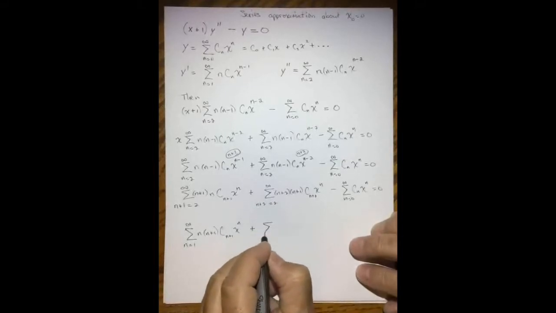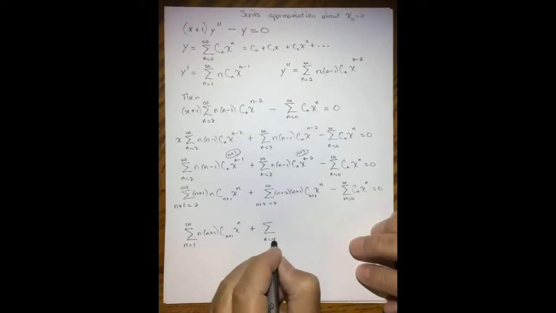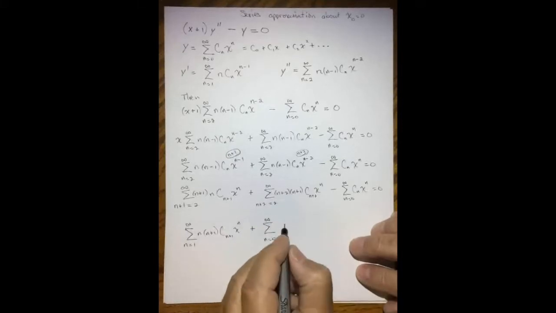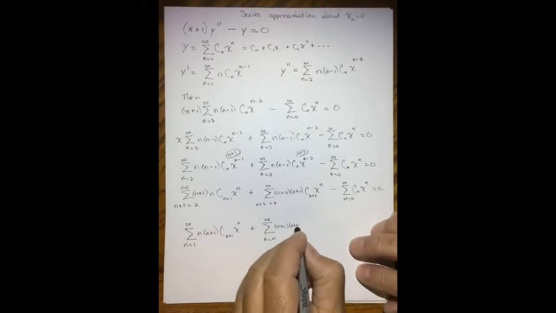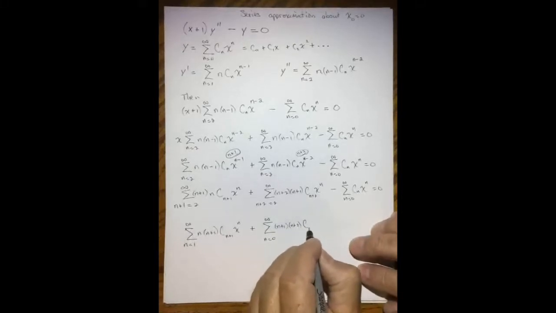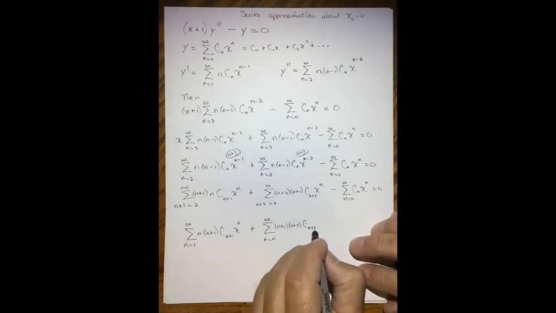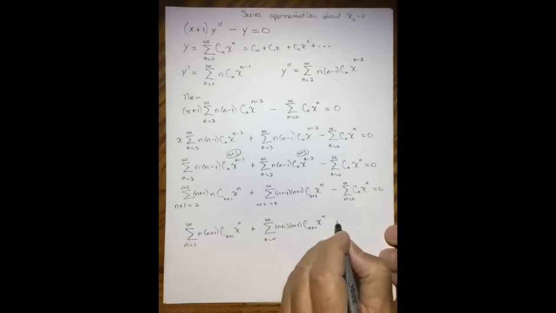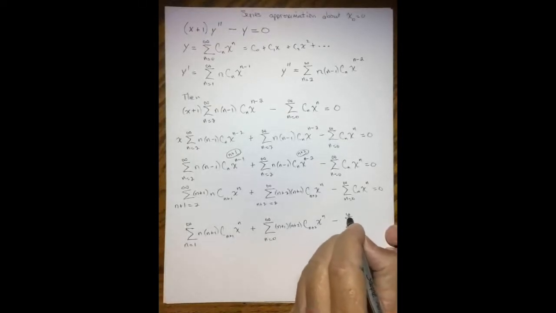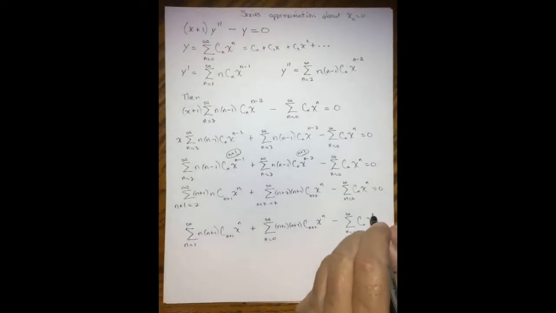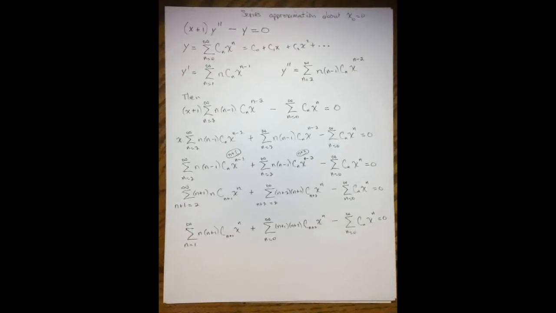And this one's going to be the sum, n equals 0 to infinity, n plus 1 times n plus 2, c subscript n plus 2, x to the n, and then this one so far has been along for the ride. Okay, that's half of what we've got to do.